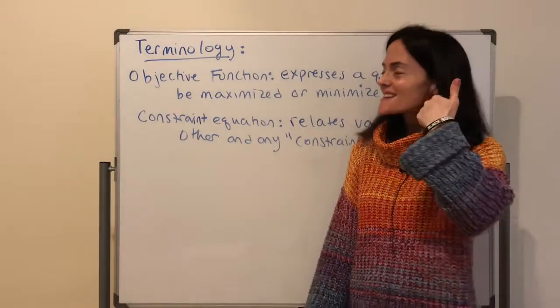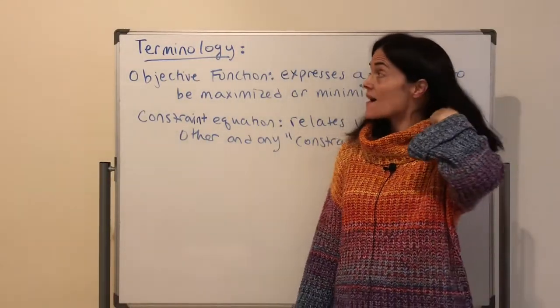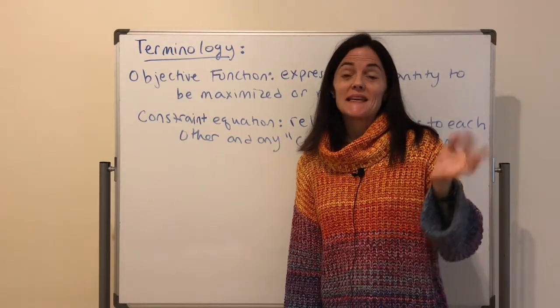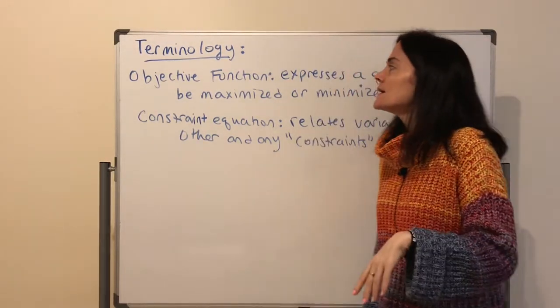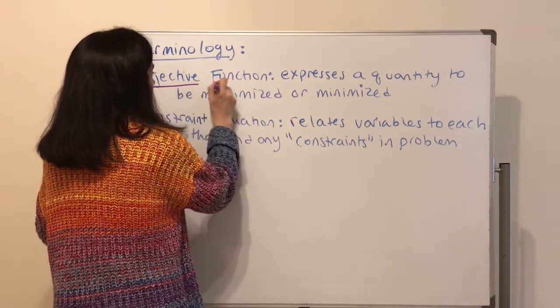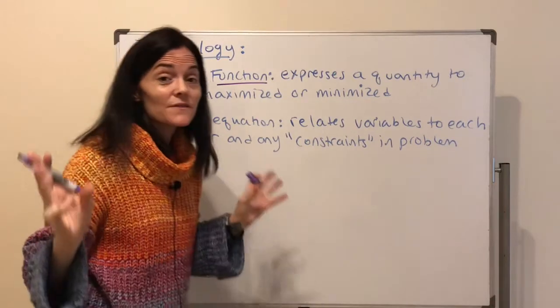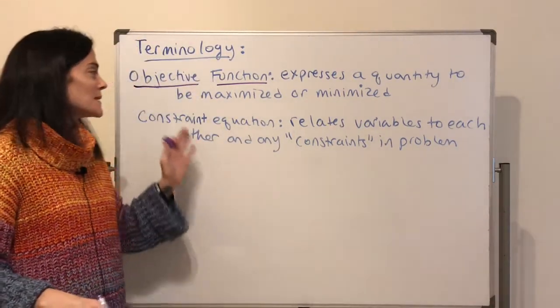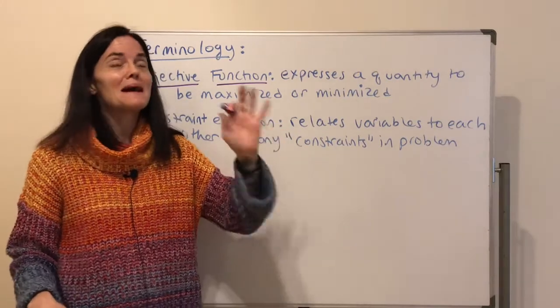Now let's discuss the terminology of optimization and the types of problems we will see in this section. First of all, we have an objective function. And the objective function expresses a quantity that is going to be maximized or minimized.